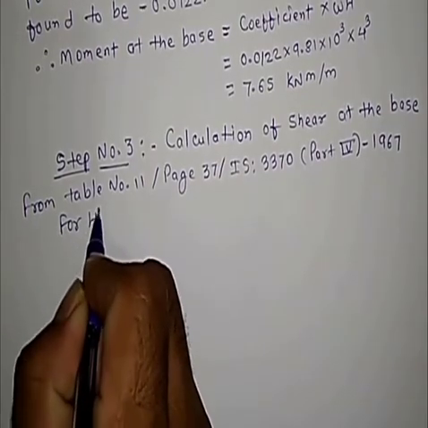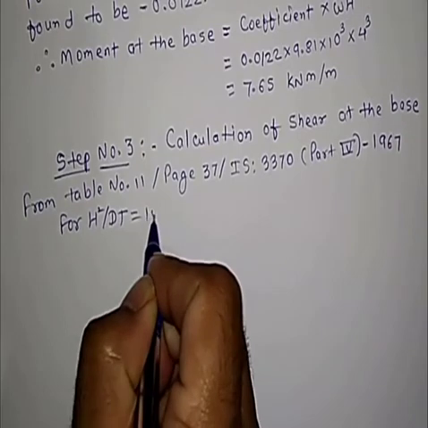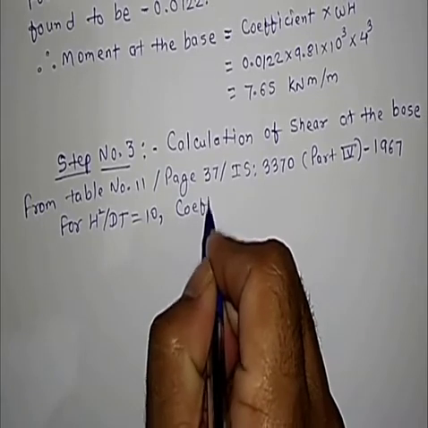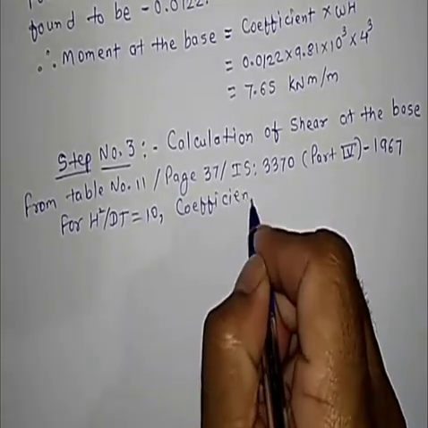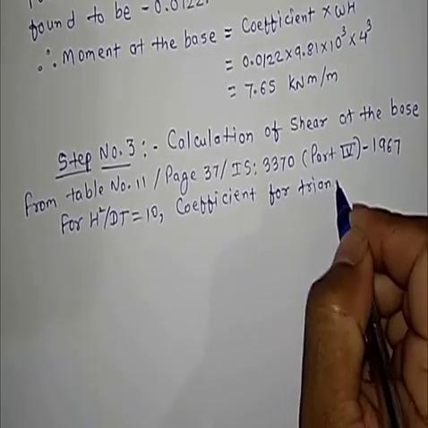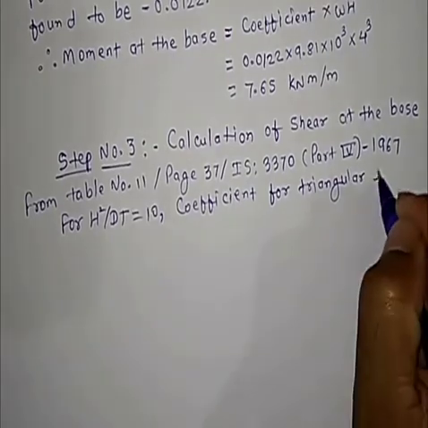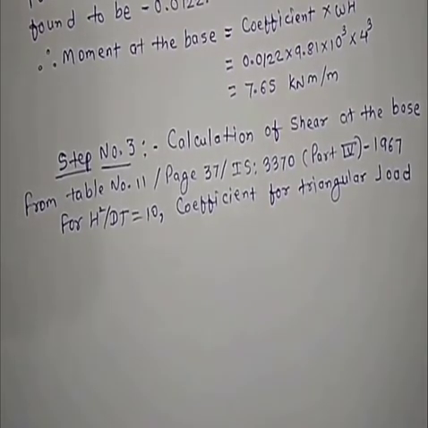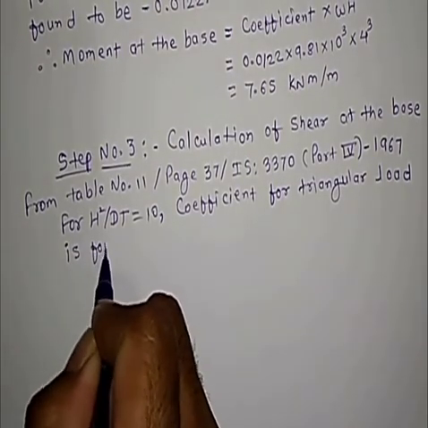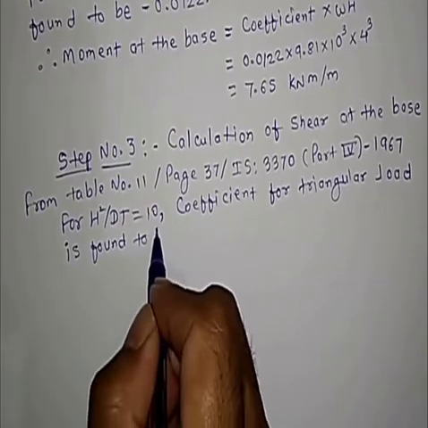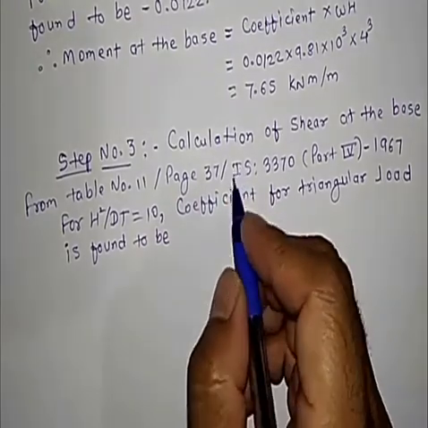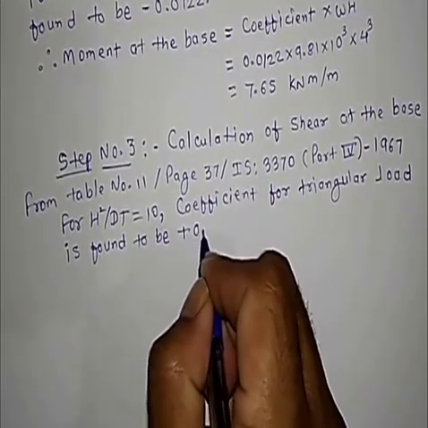So therefore for h square by dt, which is equal to 10, the coefficient you will get for the triangular load is found to be 0.158, and that is positive 0.158.